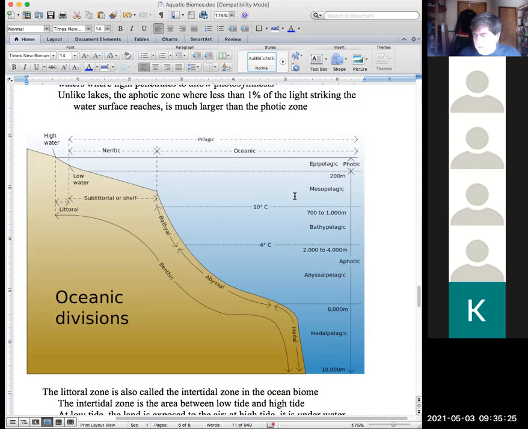Below that, we have the mesopelagic zone, which corresponds mostly to the shelf zone, if we're looking at the benthic divisions. And then we have the bathypelagic zone, the abyssal pelagic zone, and the hadal pelagic zone. Now, as we go further and further down in the water, there's a couple of things that we need to keep in mind.